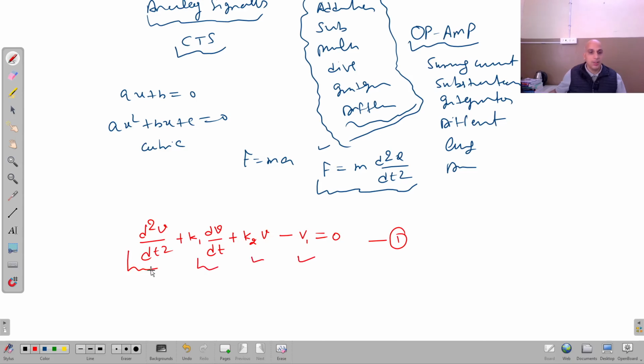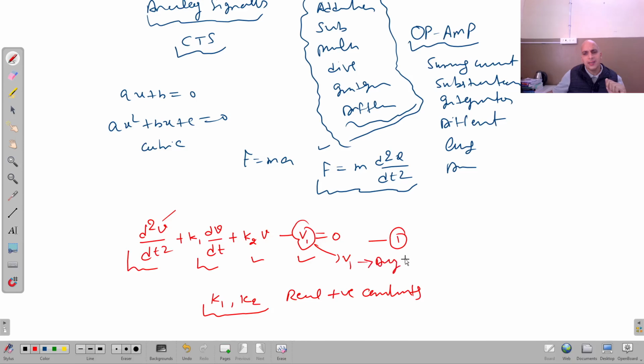Here v is the function that we are going to calculate. K1 and K2 are both real positive constants. Whereas v1 is any given function, and it can be a constant, but we already know this function.